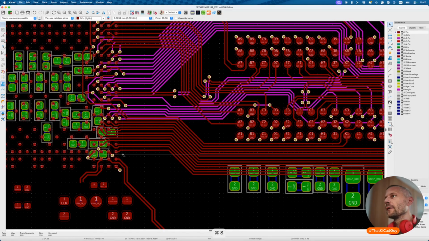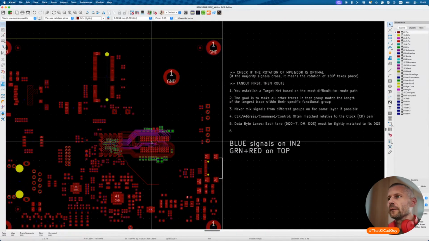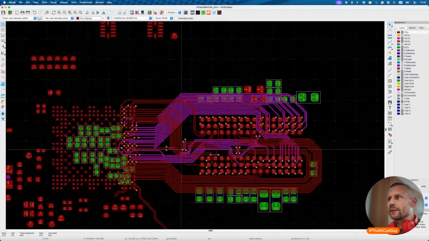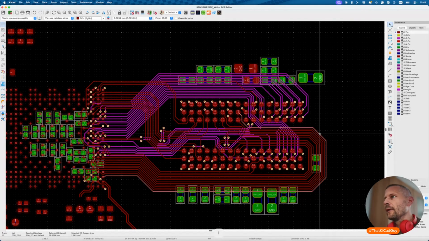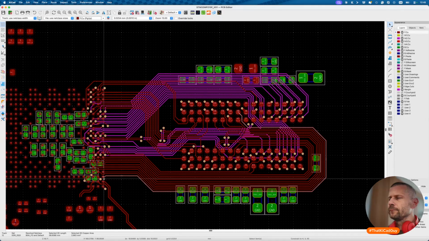Yes. What else can be changed? This one, yeah. Well, it seems that the draft routing was useless.